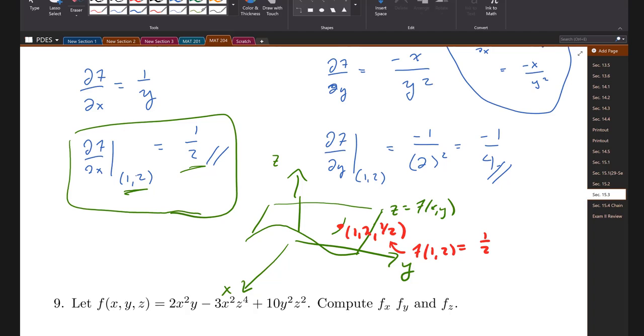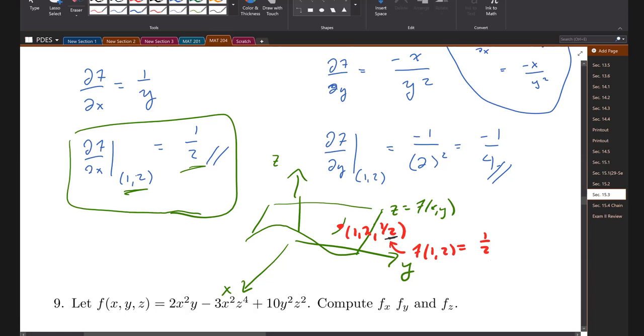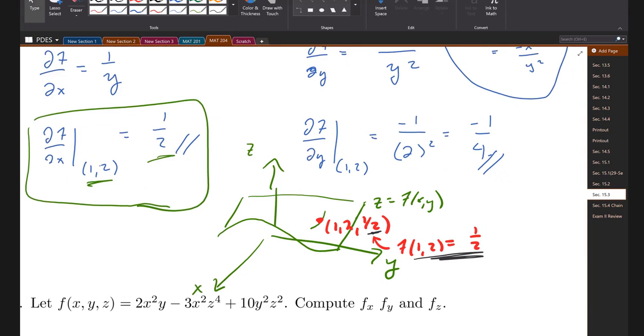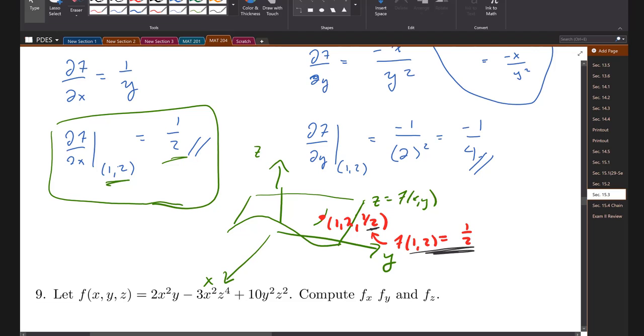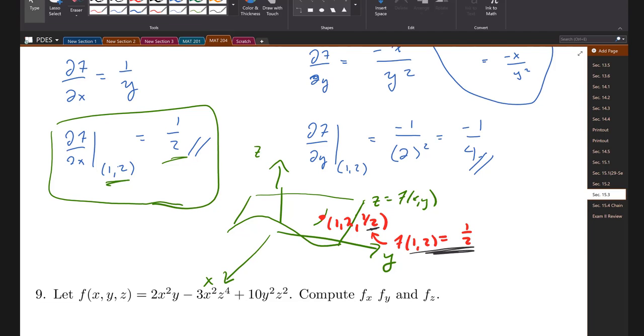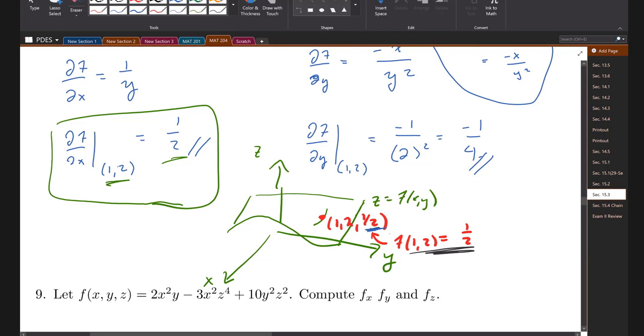Great question. This was not a great example to draw a picture for. This 1/2 is because f of 1 comma 2 is 1/2. I don't know which one to use, like partial derivative with respect to y or with respect to x. Well, neither right now. If you're looking for the z value on a function, you don't plug it into a derivative, right?